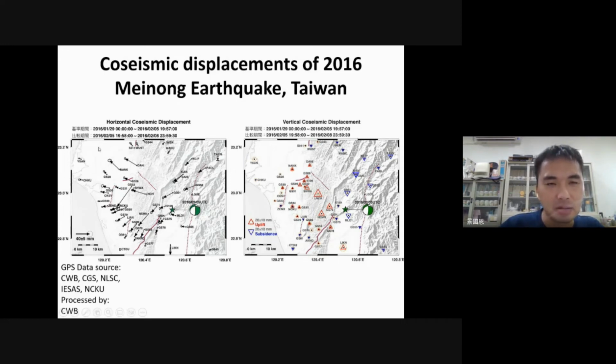And if we turn to northwest, then you will see the pattern change gradually from southwest to northwest. However, for this point, the direction changed suddenly, and it is so weird. It doesn't look like it's caused by the earthquake.